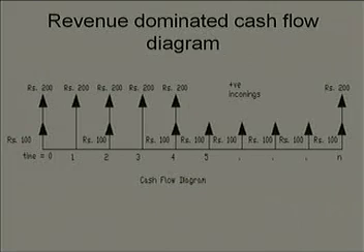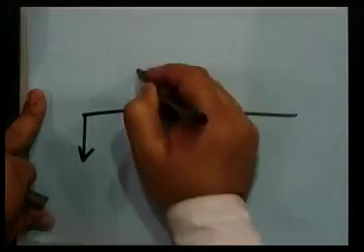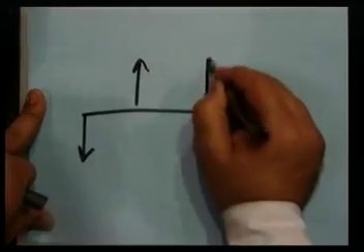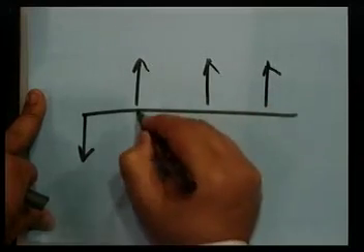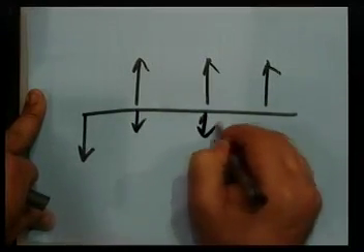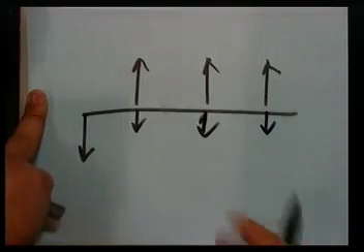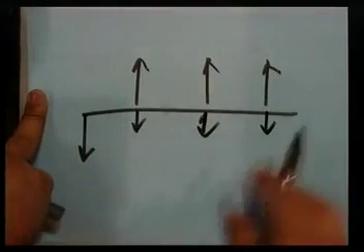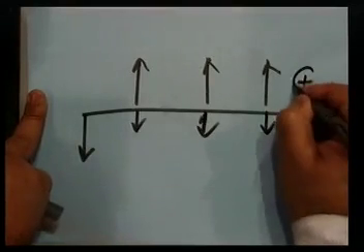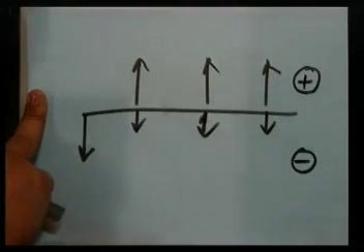Now, the third one, which is not shown here, will be like this, which will have information on the cost aspect as well as on the return aspect. Something like this. Now, in this picture, what you find is that we have information for the plus side also and for the minus side also.